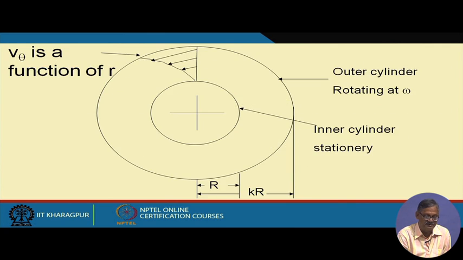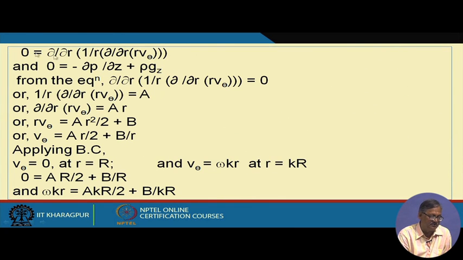Out of these three equations, let us start with the second equation: del r of 1 by r del r of r v theta is equal to 0. On first integration, it gives 1 by r del r of r v theta equals an integral constant, a.